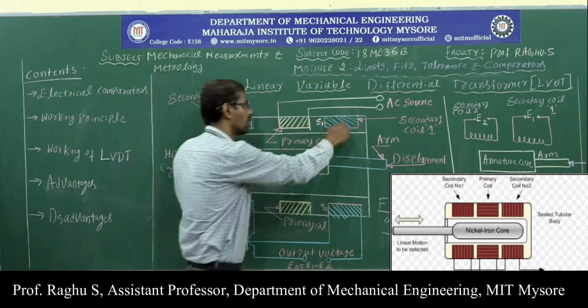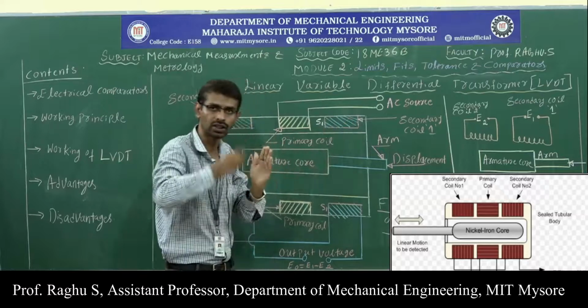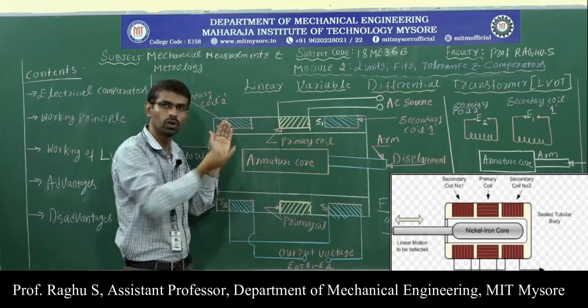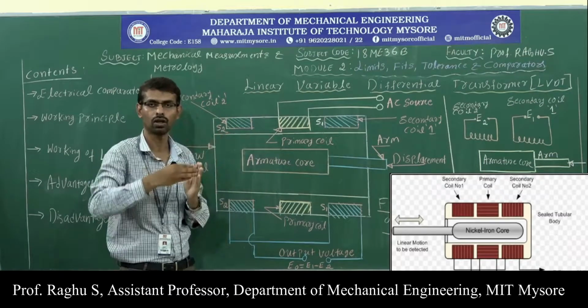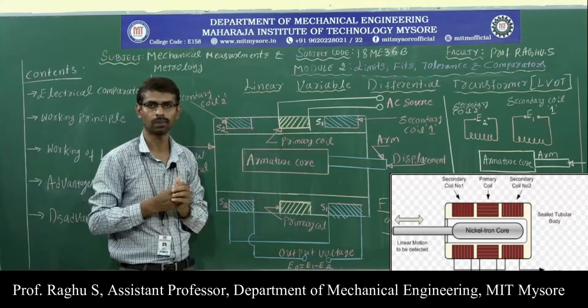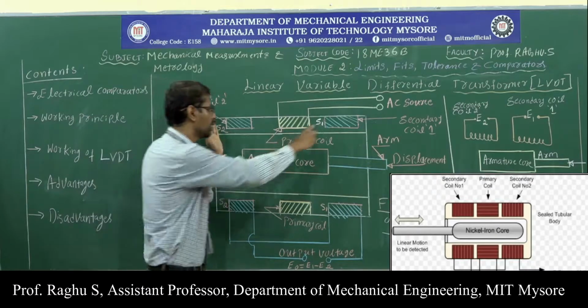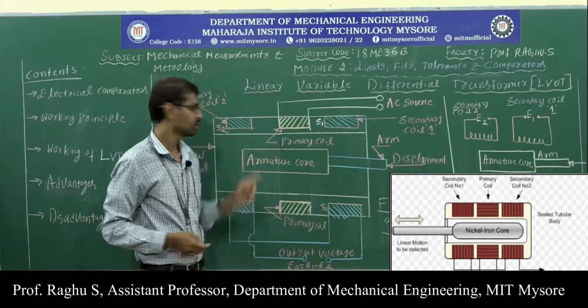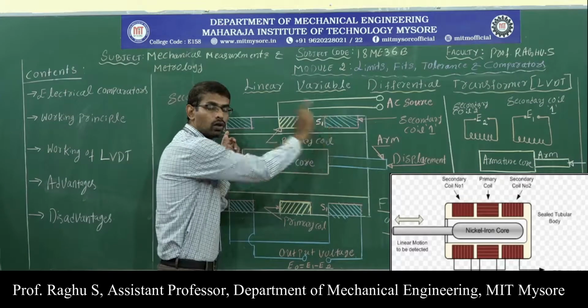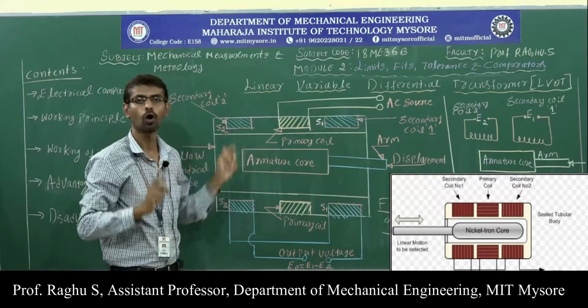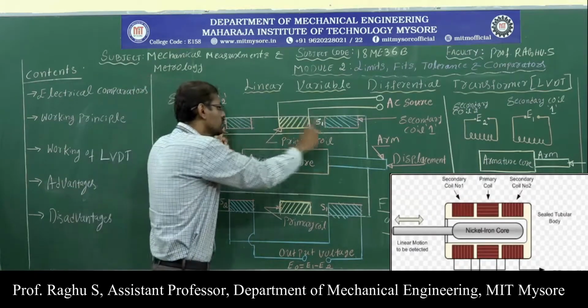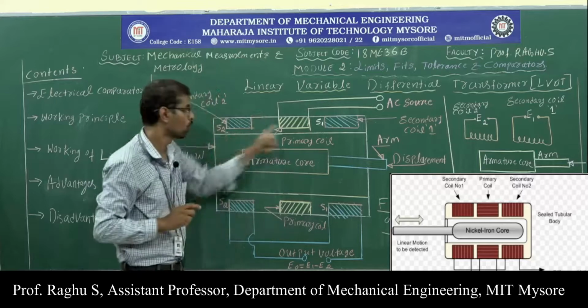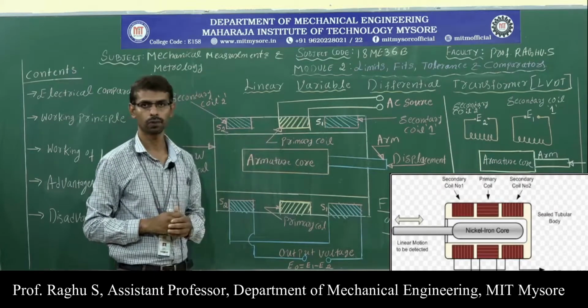That means secondary coil 1 is wound in clockwise direction and secondary coil 2 is wound in the opposite, anti-clockwise direction. That's why the output voltage is E1 minus E2. Since the two secondary coils are wound in opposite directions, the output voltage will be the difference between the voltages induced in S1 and S2.